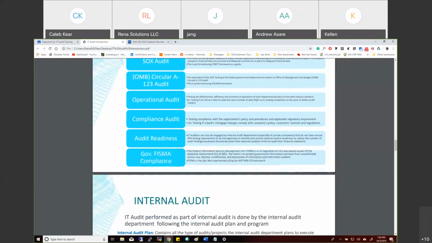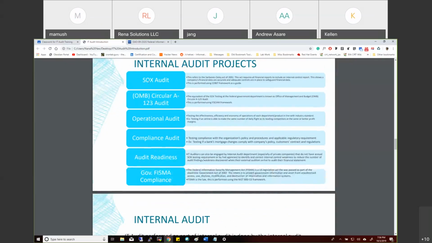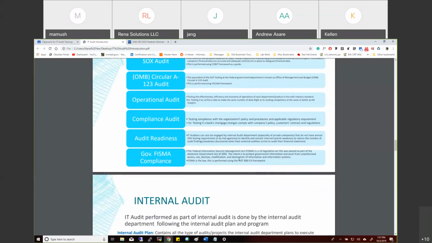And then the last project is government FISMA compliance audit. FISMA is similar to SOX in the sense that FISMA is also an act, meaning it's a law that was passed by the federal government back in 2002. The intent is to protect government information and assets from unauthorized access.